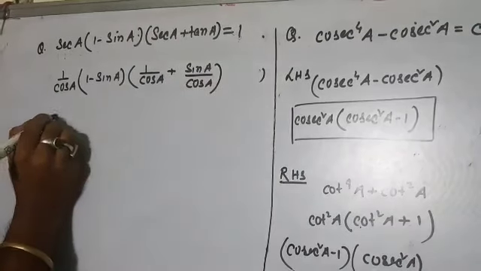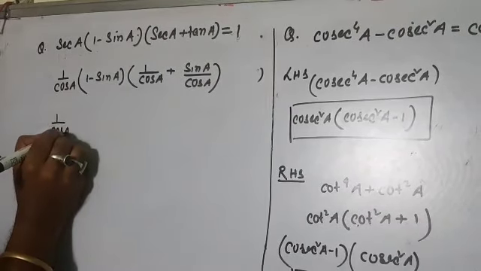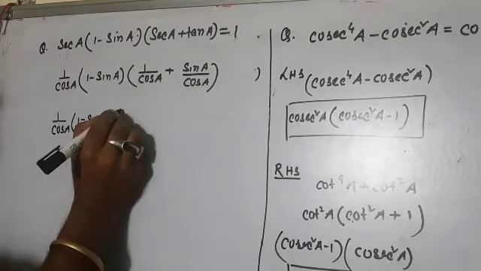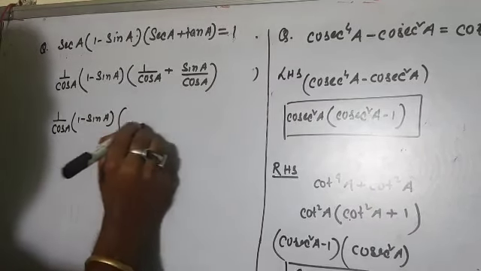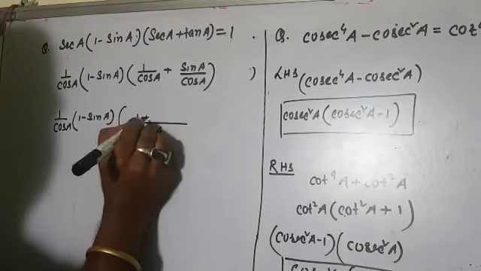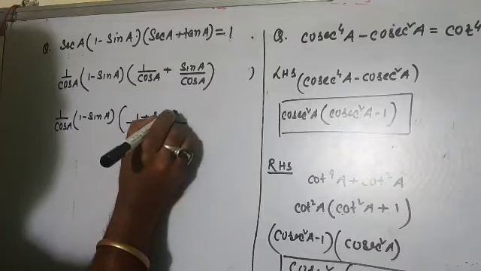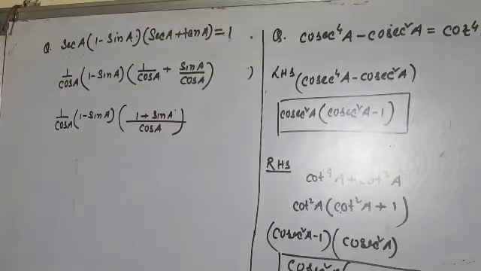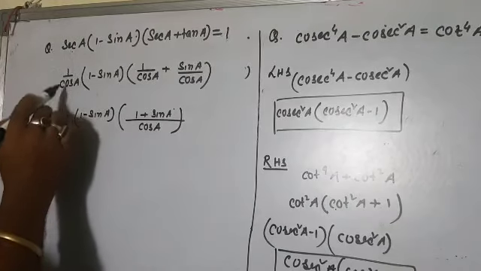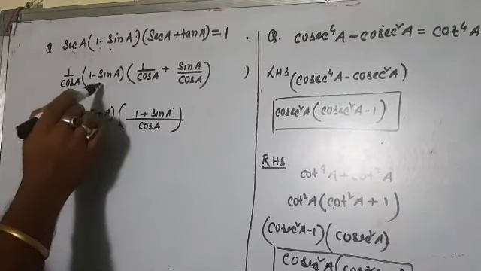Okay. So here 1 by cos A you write, 1 minus sin A, and this one LCM cos A, so here 1 plus sin A. Clear? We just write sec A, change to 1 by cos A, 1 minus sin A similar.